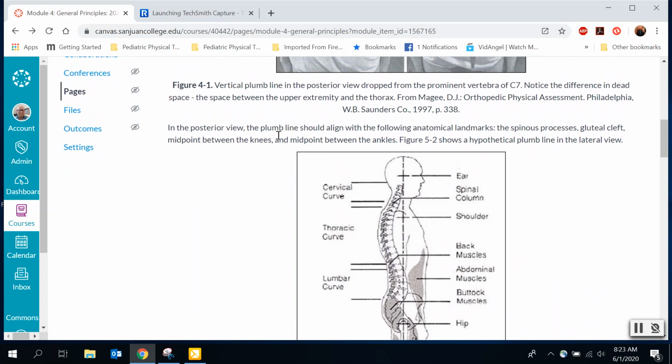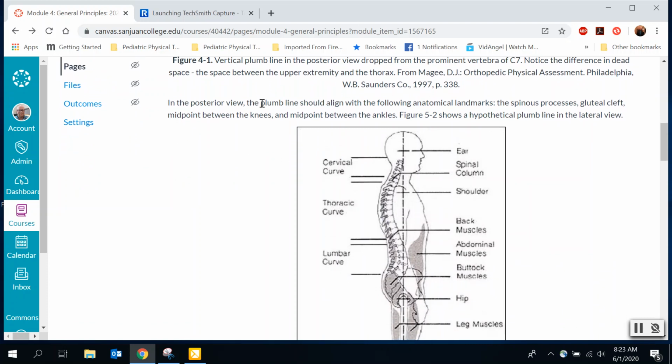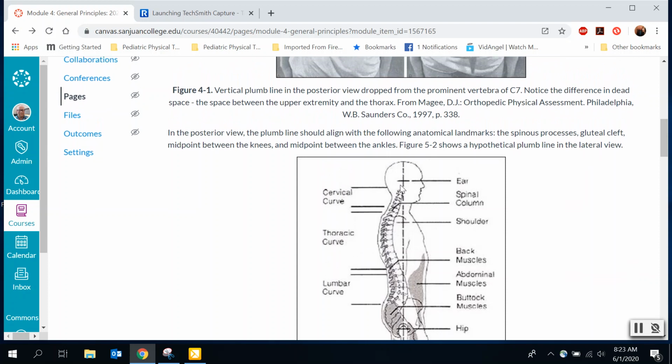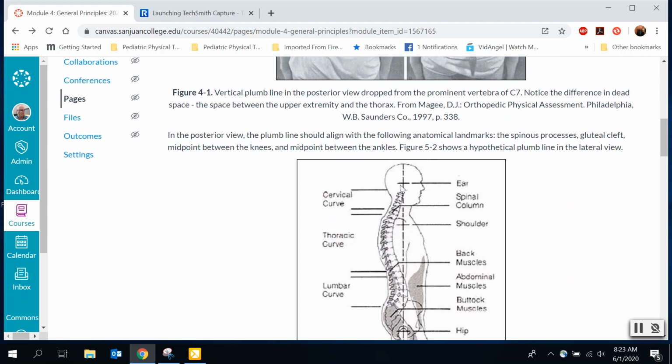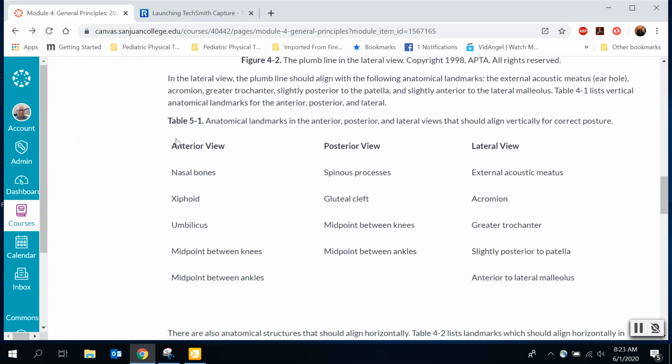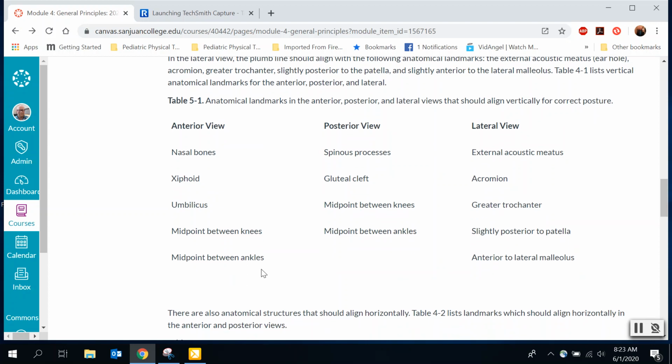You do need to know what the different landmarks are for lining up the plumb line, right? And in the posterior, it'll show them down here. So if you're looking at somebody from the front, the first thing you're going to look at is the nasal bones, the xiphoid, the umbilicus or your belly button, midpoint between the knees, midpoint between the ankles, right?